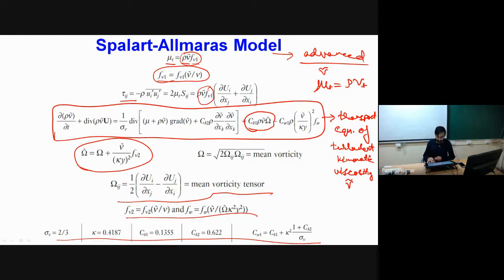So this equation gives different values of kinematic viscosity in different parts of the domain, and as we are only using one additional equation to solve the transport of this viscosity term, that's why this model is called a one equation model.